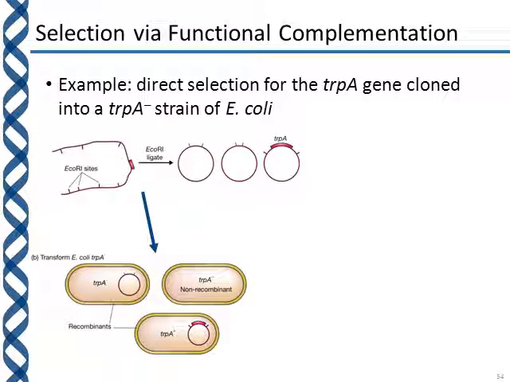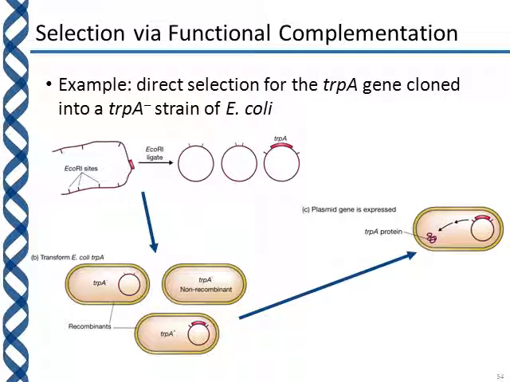These are now added to E. coli cells, which are trpA negative. And those bacteria which contain the appropriate trpA gene will express the trpA protein. So when it is placed onto minimal media, only the trpA recombinants can survive.